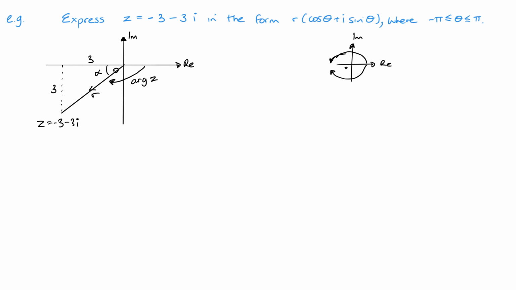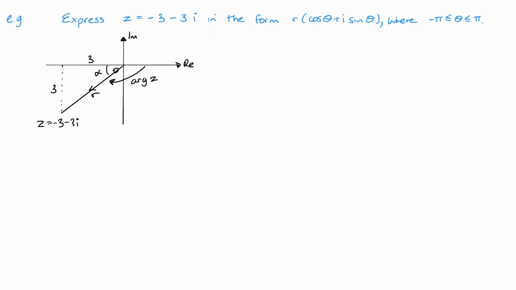So if you remember using the CAST rule in your pure maths, when you're going in a positive direction, you are going anti-clockwise, you keep going this way. And then when you want to go negative angles, so below 0, you'd go in the clockwise direction. So just remembering that, because we're not going between 0 and 2 pi, which would be one full circle, we're going between minus pi and pi. So that means from 0 to pi is this way, and from 0 to minus pi it's this way. So just remember that when you come to these questions.